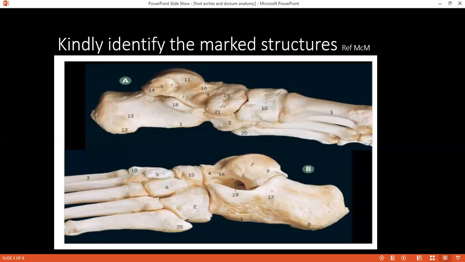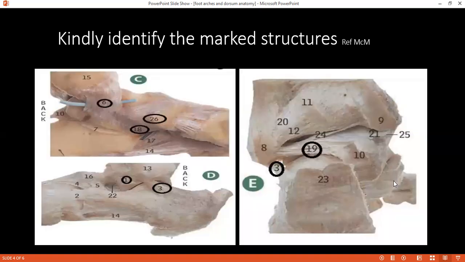These are the ligaments. In case of the medial arch, the muscles include tibialis anterior and posterior, along with contribution from flexor hallucis and flexor digitorum, with the short muscles of the great toe.